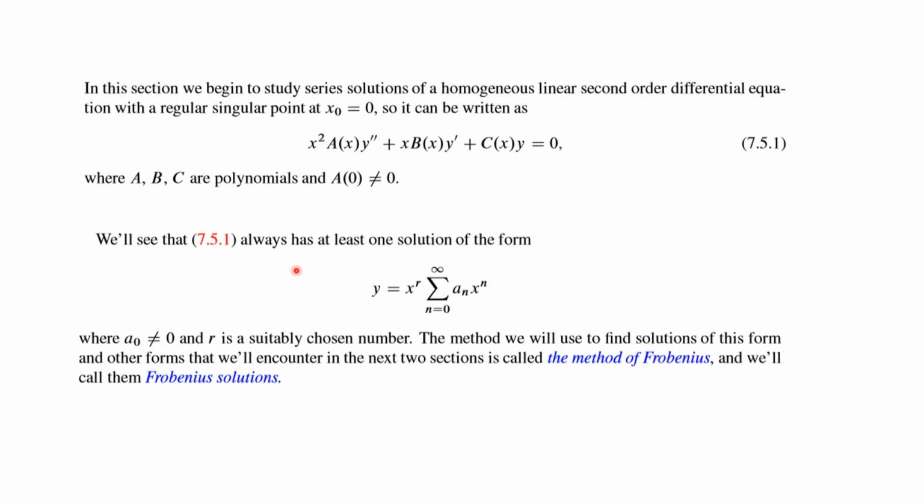Now we will see as this theory unfolds that there will always be at least one solution, and it will be of this form. It will be x to the r times the summation n equals 0 to infinity of a n x to the n, where a0 doesn't equal 0 and r is a number to be chosen later.